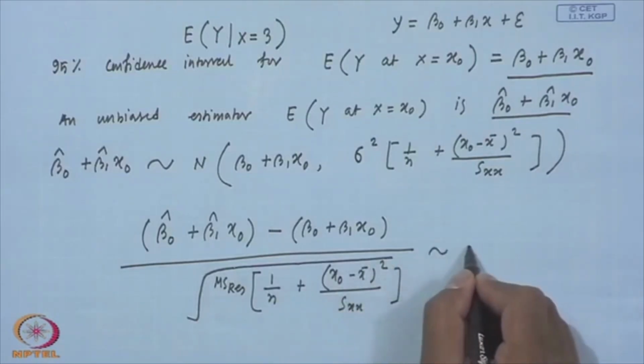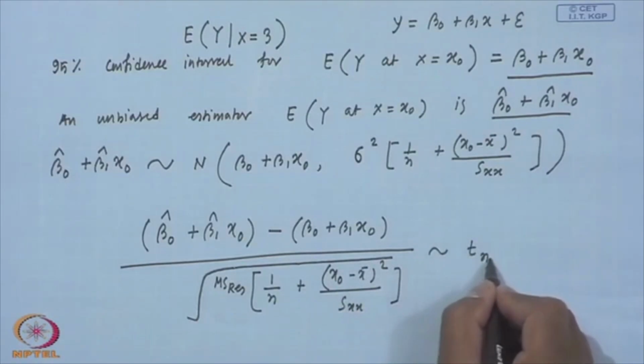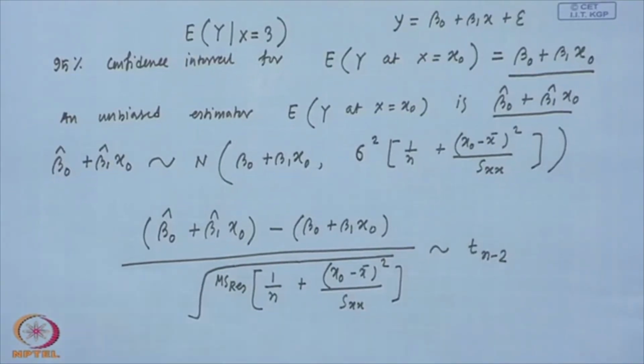This follows a t distribution with degrees of freedom n minus 2, right.